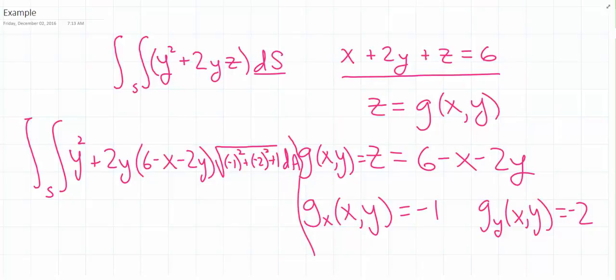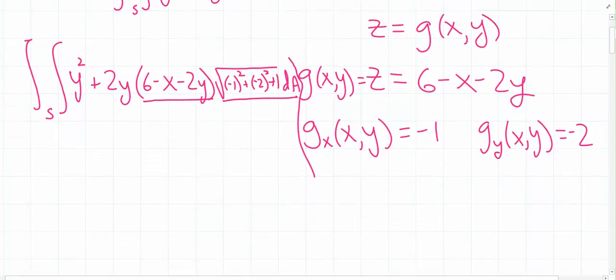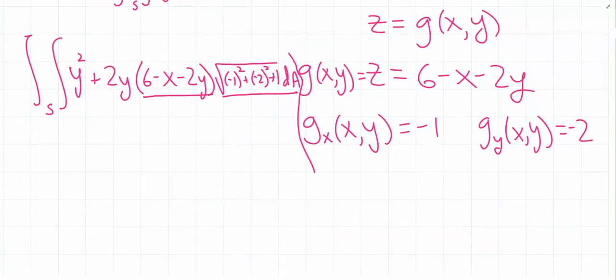Now we're not completely finished because, of course, I need to simplify this and get my bounds of integration, but this is kind of the setup. Notice I replaced the z with what z is equal to, and then over here I have the dS. Okay, now let me get a little bit more room here, and I'm going to leave myself room for the bounds this time. But here's what I have.